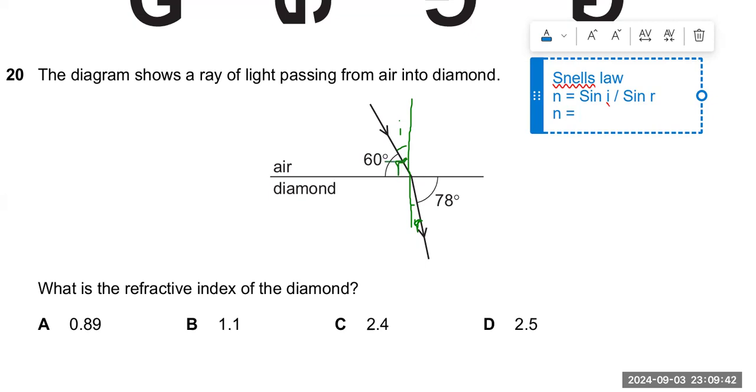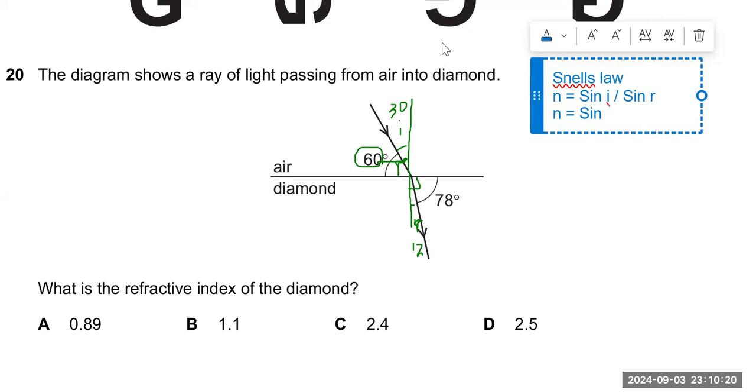From 90 you have to subtract 60, the remaining will be 30, so your incident angle will be 30 degrees. Again, this is 90. From 90 you subtract 78, then you will find 12 degrees refracted angle. You have to use 30 and 12 instead of 60 and 78. This is the main point to solve that MCQ.